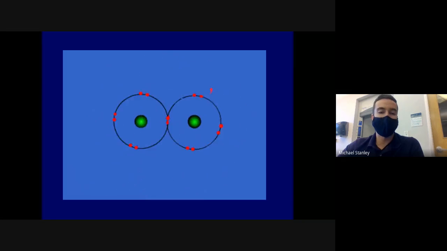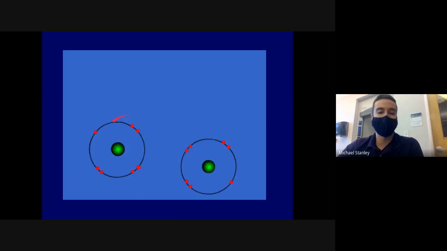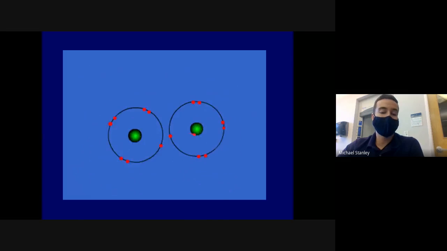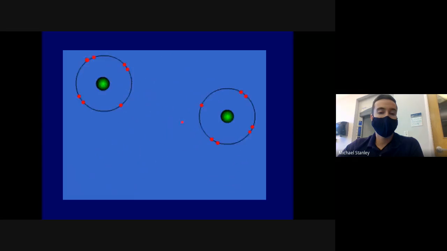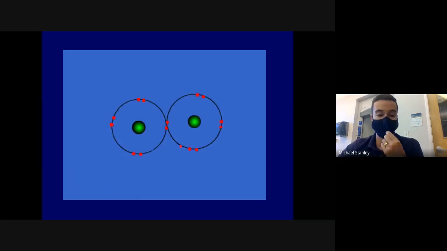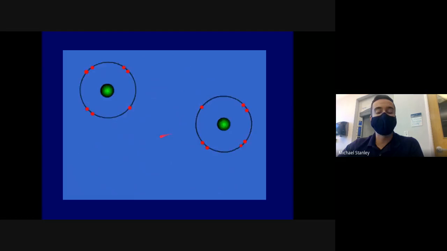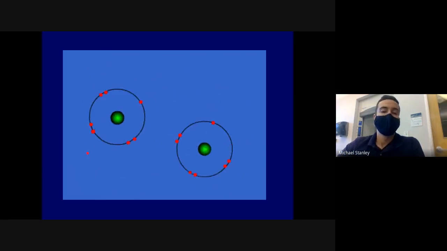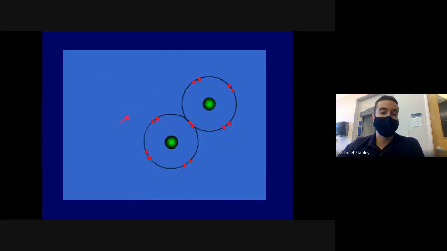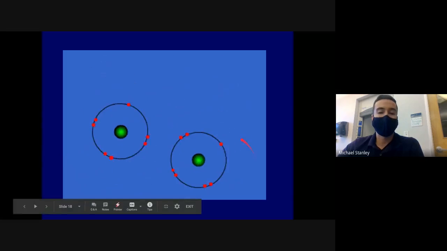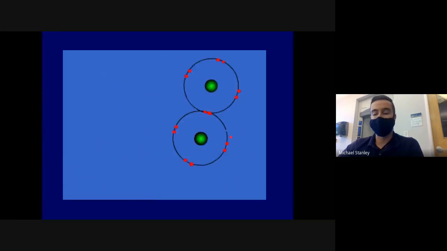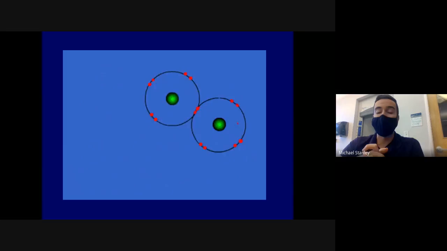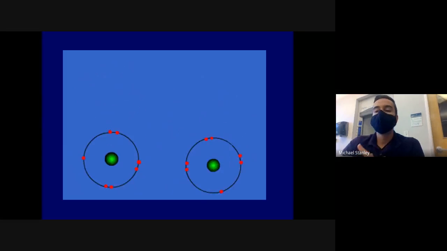So one of them has 2, 4, 6, and the other one has 2, 4, 6. And then the 7 from one and the 7 from the other are shared between the 2. So now each atom feels like 1 more electron got added onto it. The left atom feels like it has 8 electrons, and the right atom feels like it has 8 electrons, all because they shared that 1 pair of electrons between them.